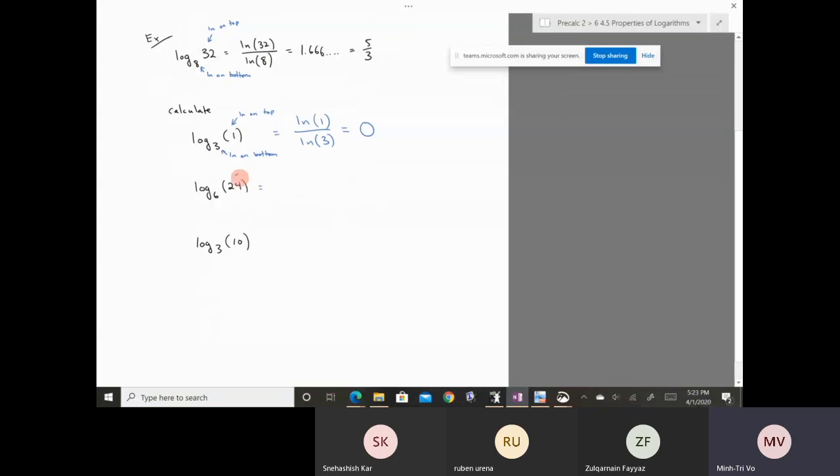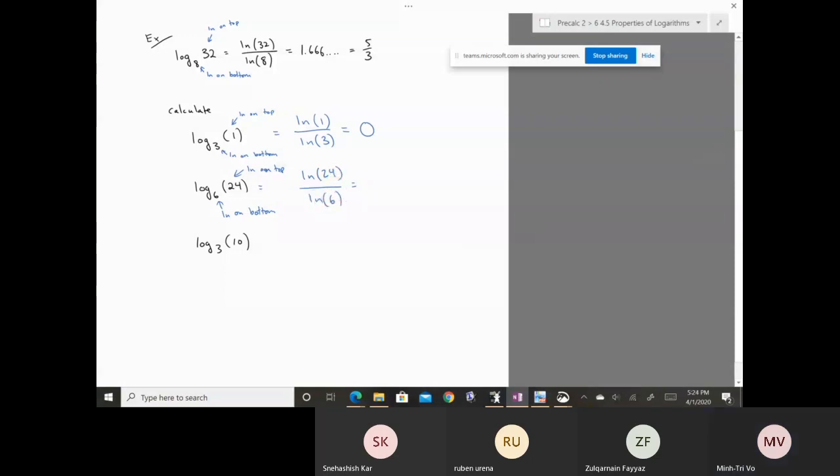But the next one, just follow the formula. You do natural log on top, and the log on the bottom. So writing it out is natural log of 24 over natural log of 6.